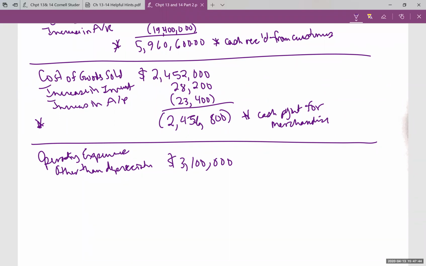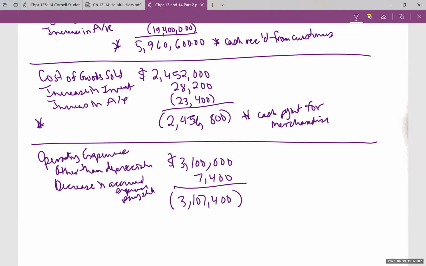And then we did have a decrease in accrued expenses payable. 7,400. We paid more expenses. Okay. So this total, 3,107,400. This number is cash payments for operating expenses.